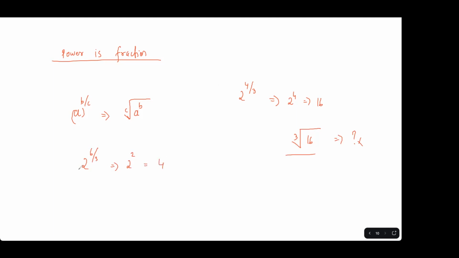Now see how the answer will come. What is the value of 2 raised to 6? 64. Now we write 64 inside the root sign and as per the rule this 3 comes here, so cube root of 64. So the answer comes out to be 4, because 4 into 4 into 4 gives you 64. Sir, means that if the power can be divided like 6 upon 3 or 4 upon 2, we can directly divide it first and then use it as the power. Correct, yes.